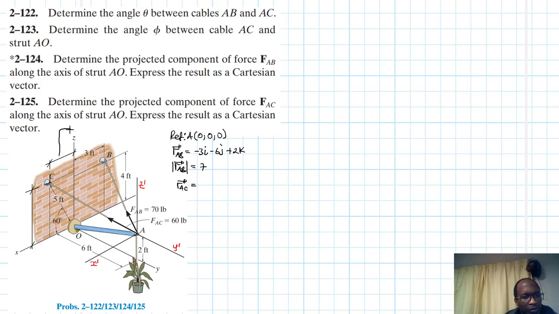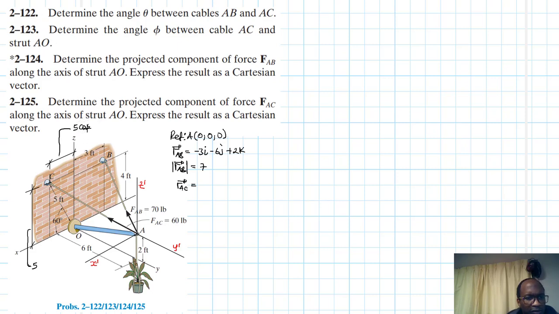This angle there is 60, so this becomes 5 sin 60, and this one is 5 cos 60.